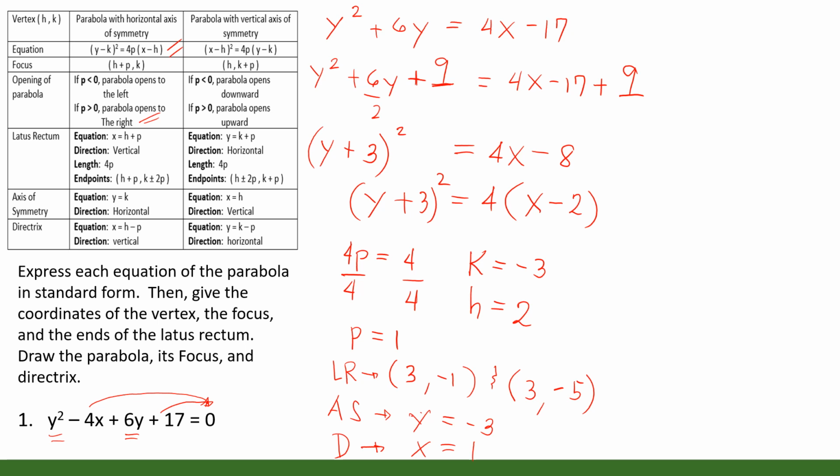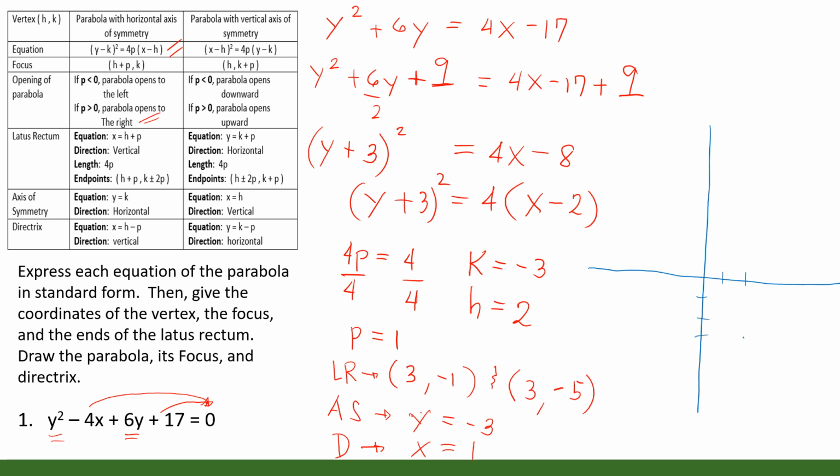Okay, so now let us plot and draw the graph. So tingnan natin, Cartesian plane. Our vertex, what is our vertex? h, k. So h, k, it's 2, negative 3. So we have here 1, 2, and then 1, 2, 3.